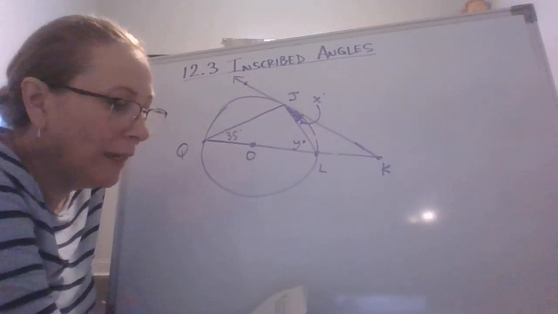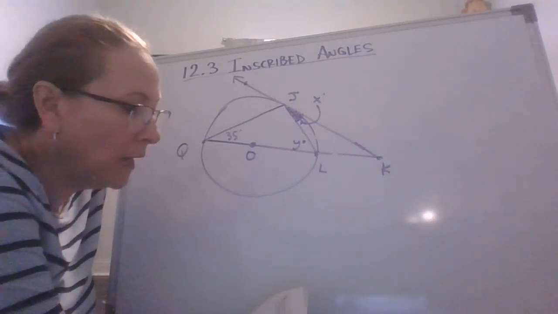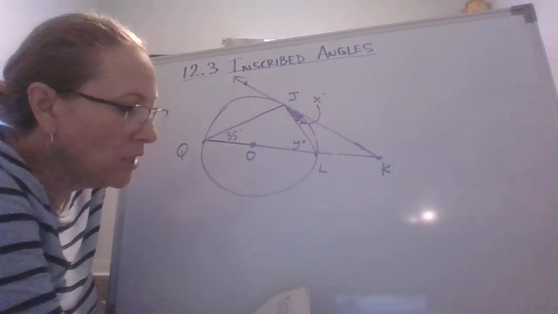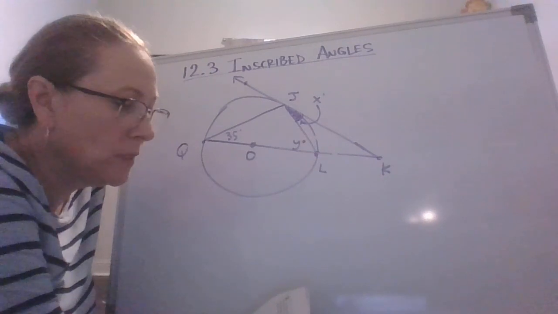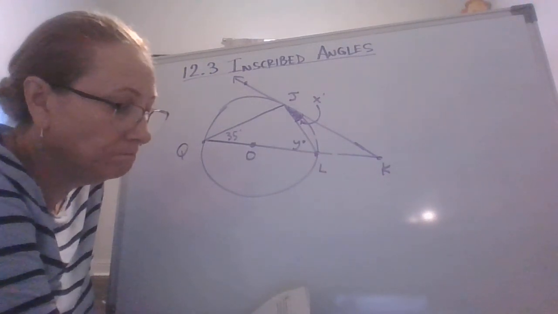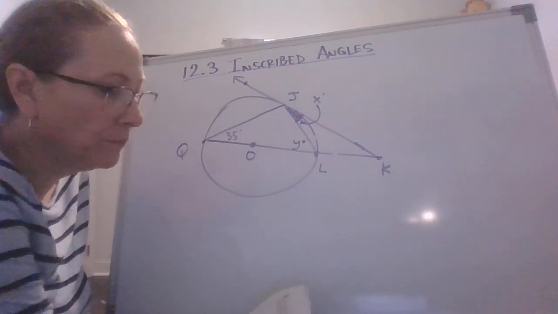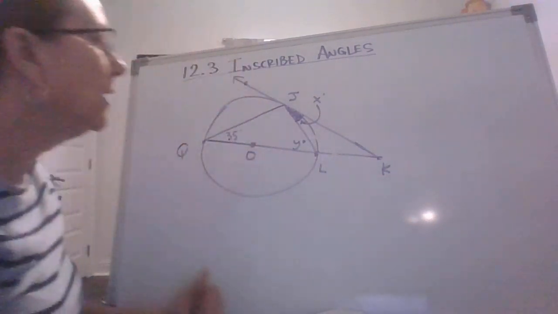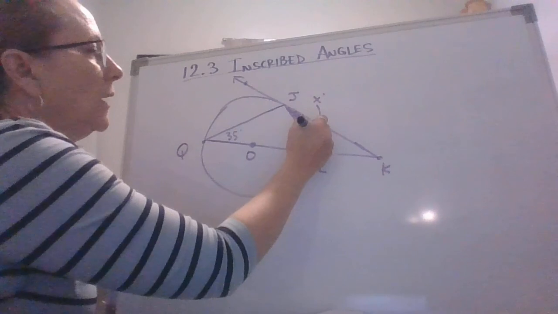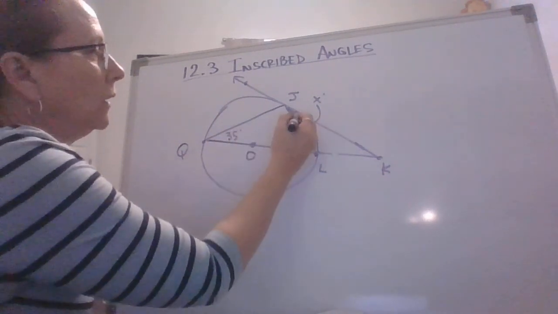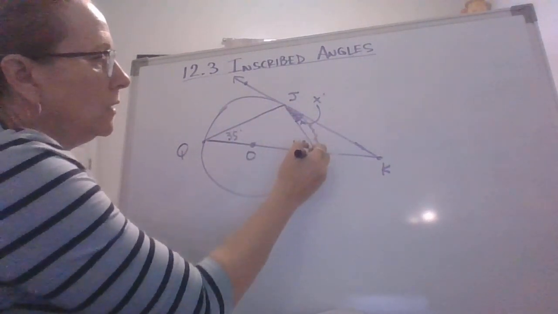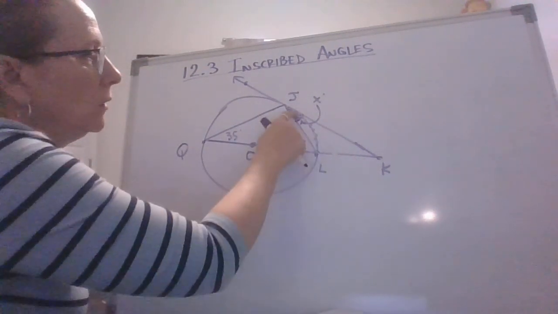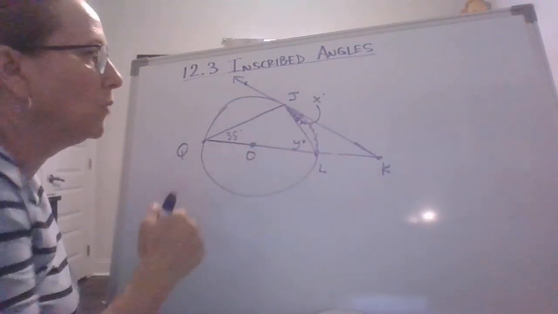The inscribed angle, angle Q, and the angle formed by a tangent and a chord, KJL, intersect the same arc. So they are talking about the fact that this angle has this arc in here, and this angle in here, X, has the same arc.